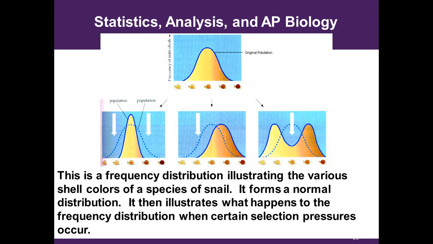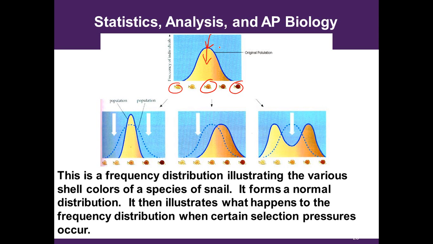Here's another example of a characteristic forming a normal distribution. You'll find this in a chapter on evolution, and we're looking at the color of snails. Now, some snails are very dark, but there aren't very many of them, and some snails are very light, but there aren't very many of them. And then there are the majority of snails whose color seems to be right in between the dark and the light. In terms of evolution, let's suppose that this color is the best color to be in this particular environment.